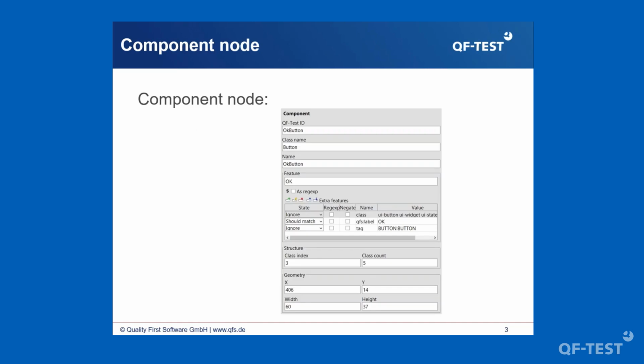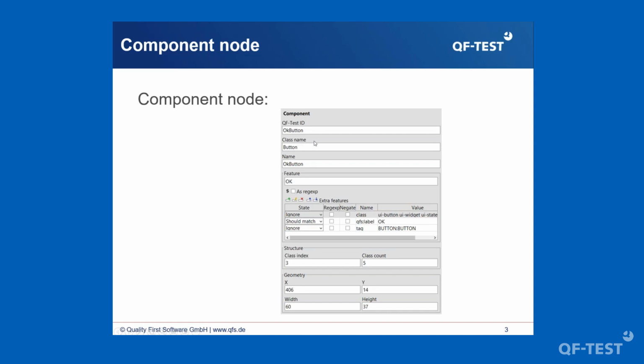So I'd like to start with the classic component node, because that's what the SmartIDs are based on as well. These recognition criteria that, well, up to now have always had to be saved somewhere can now be used directly.